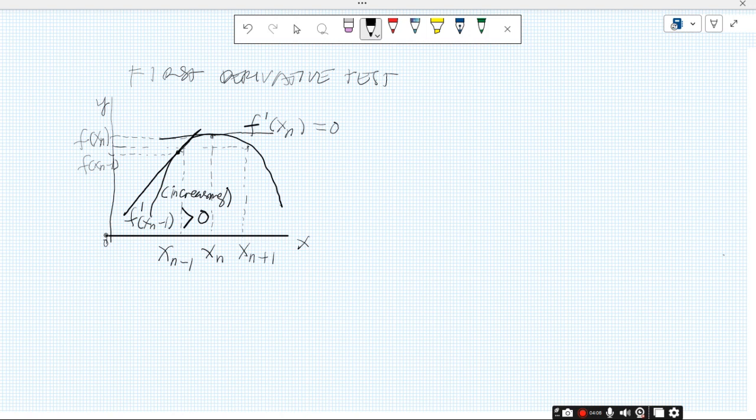However, on the right side, we can also draw a tangent line. Obviously it has a value that is less than 0, simply because, as you can see, the curve itself is decreasing.